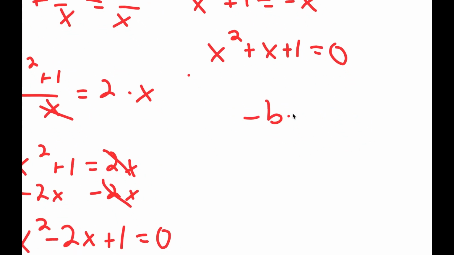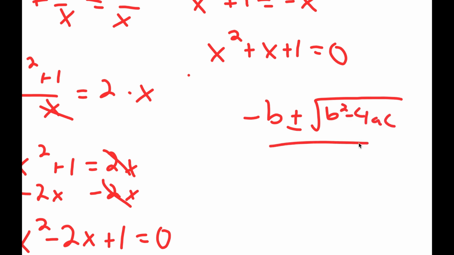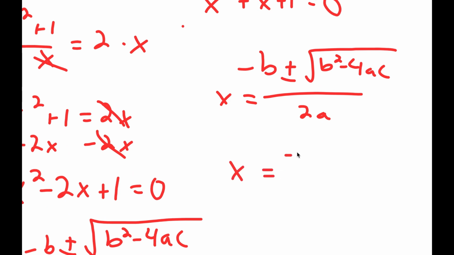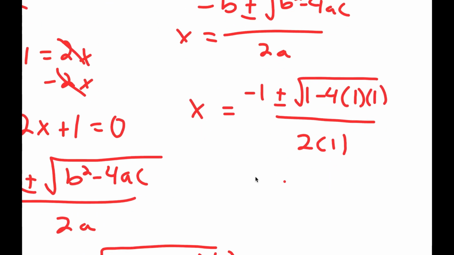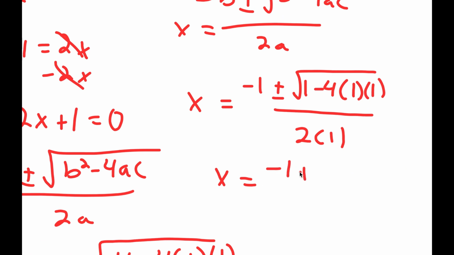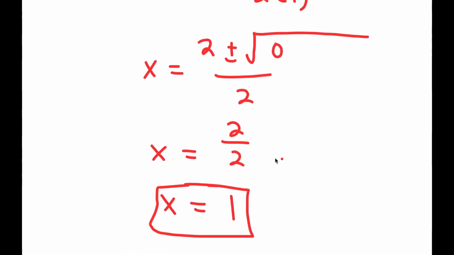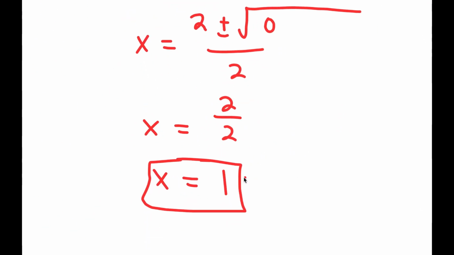So again, if I use the quadratic formula, I get x is equal to negative 1 plus or minus the square root of 1 squared, which is 1, minus 4 times 1 times 1, all over 2 times 1. And this is equal to negative 1 plus or minus the square root of 1 minus 4, which is negative 3. You can't take the square root of a negative number, so that doesn't work. So my only solution for this is x equals 1.